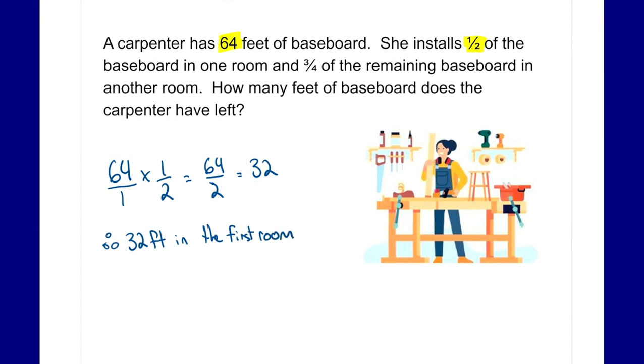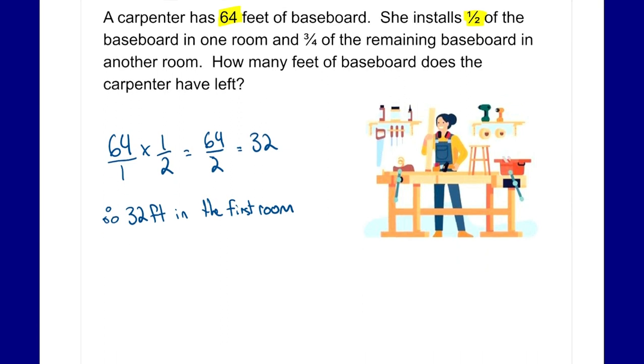Next, there's 3/4 of the remaining baseboard in the other room. So if she uses 3/4 in the other room, there's 32 remaining, because there's 32 feet used in the first room, or half is remaining.